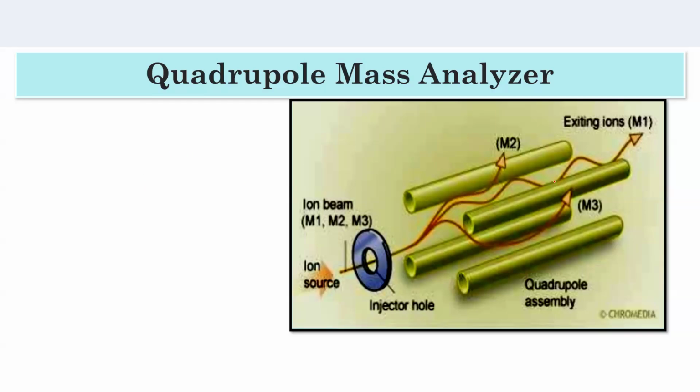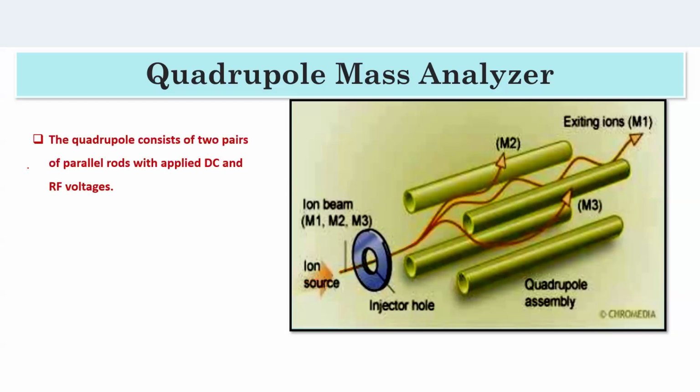In this case, your molecule gets ionized in the ionization chamber and then moves to the mass analyzer side, where we will select which mass should go to the detector. I will talk about that.